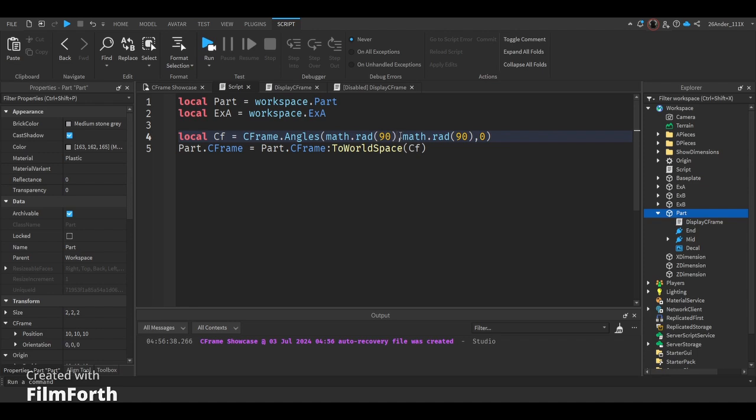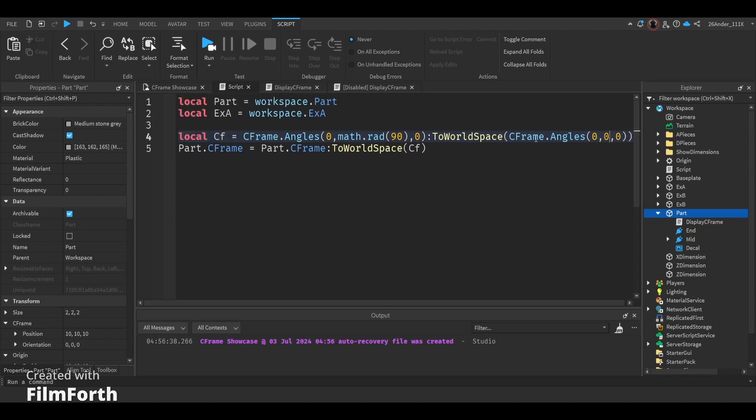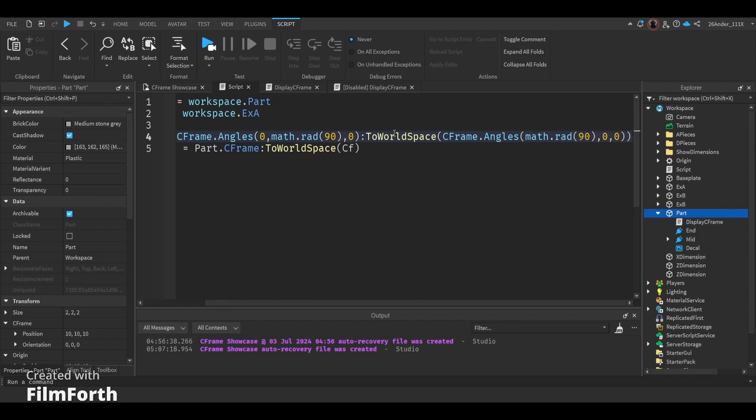If you want to move the y-axis first in a rotation, I would just use ToWorldSpace and then add my y-axis component or my x-axis component. So in this way, it will work the y-axis first and then the x-axis, and it will produce a different result.